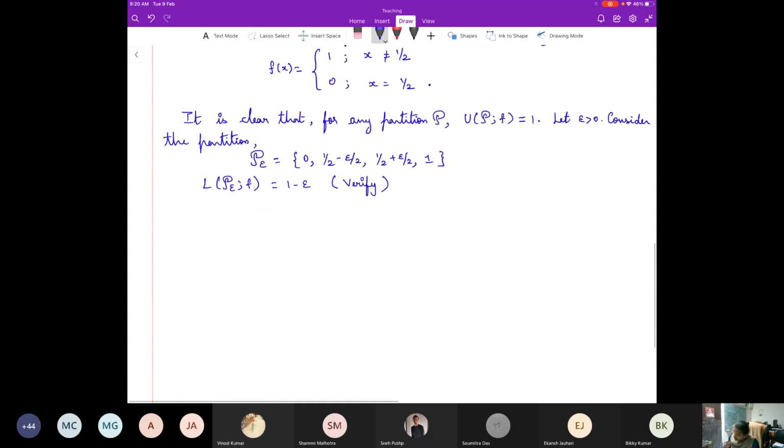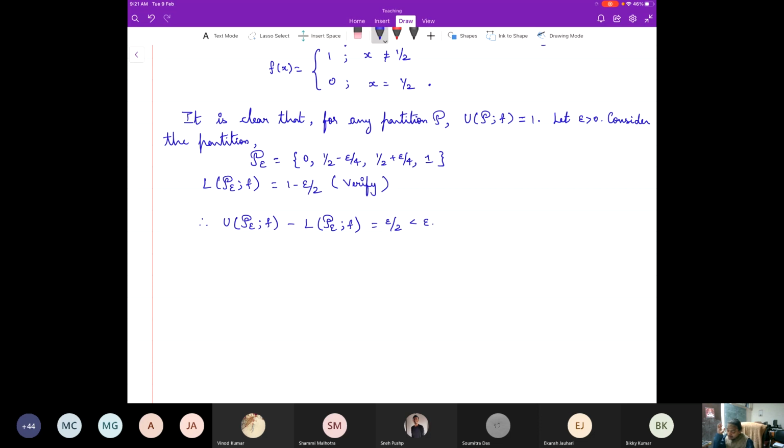So now you have this, and therefore, for calculation purpose, if you are very specific about less than epsilon, you could have chosen epsilon by 4, so that you will get 1 minus epsilon by 2, and therefore U(P epsilon, f) minus L(P epsilon, f) is just epsilon by 2, which is less than epsilon.